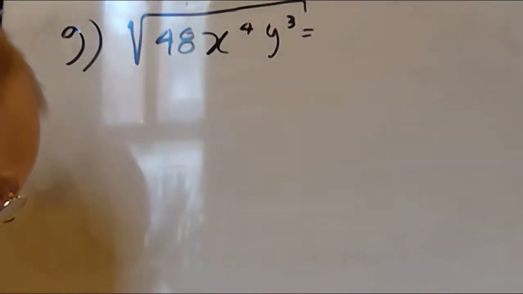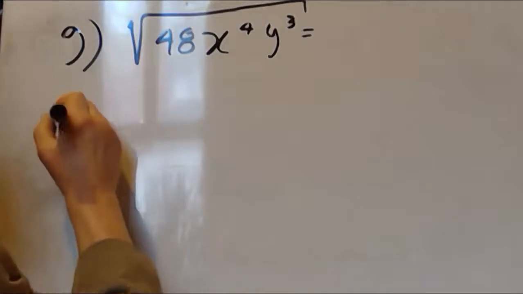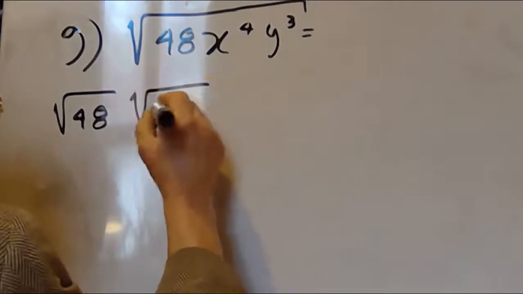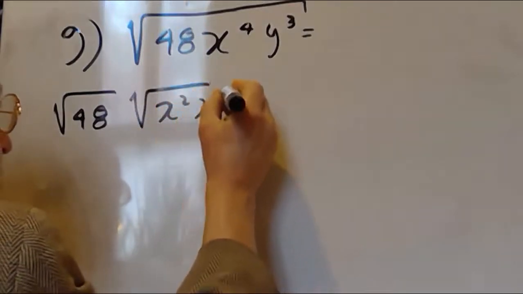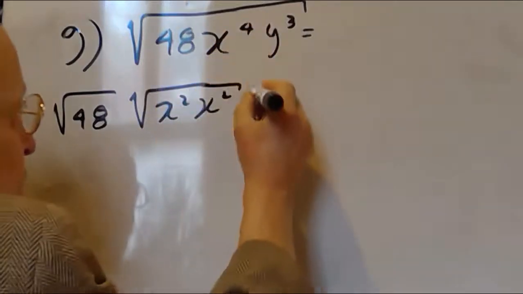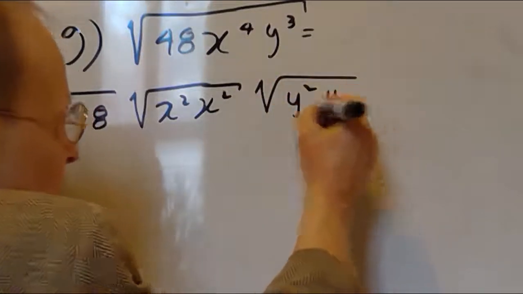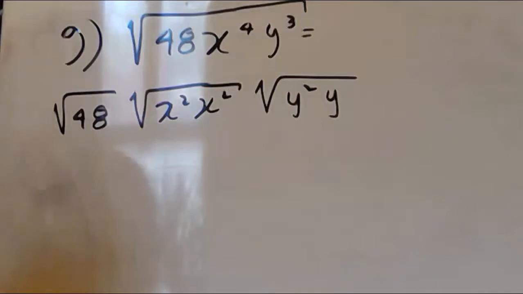So we're going to do what we've done before. I'm going to write 48, x squared squared, which will give us the 4th, and then for the y, I only have one that's squared, and then the y that's left over to give us y cubed.